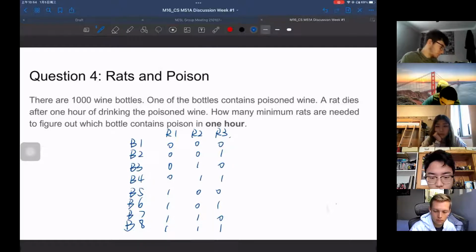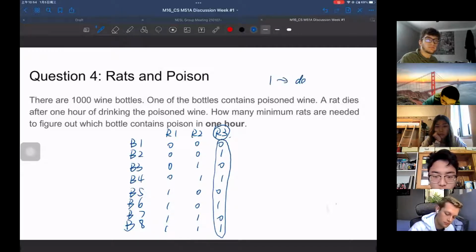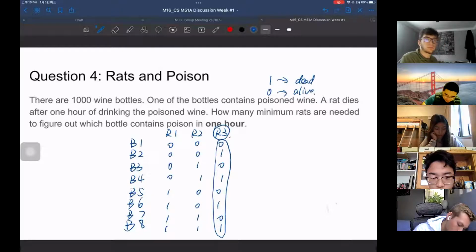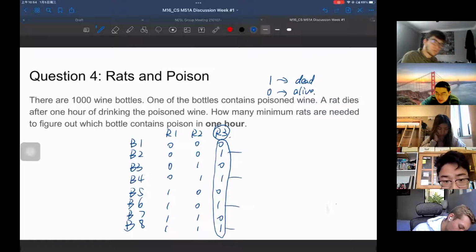So for rat 3, what is it going to drink? Remember, 1 means dead, 0 means alive. For R3, I will ask it to drink a combination of B2, B4, B6, and B8.